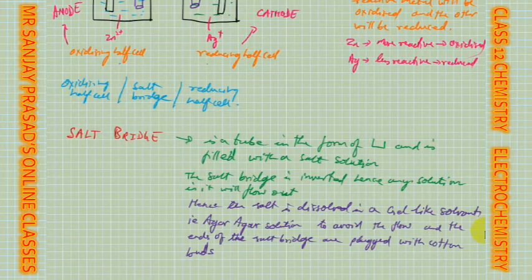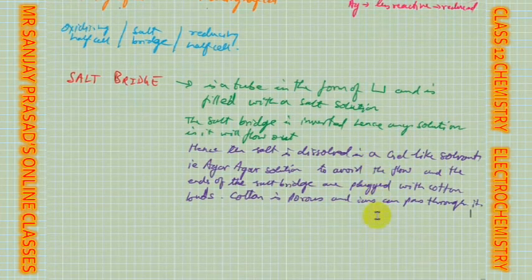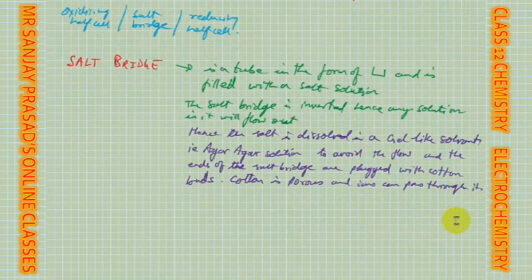Okay, cotton is porous and ions can pass through it. We are not using rubber or any other thing, we are only using cotton. Why cotton? Cotton is porous and through that ions can pass. Ions can pass means they can conduct electricity.